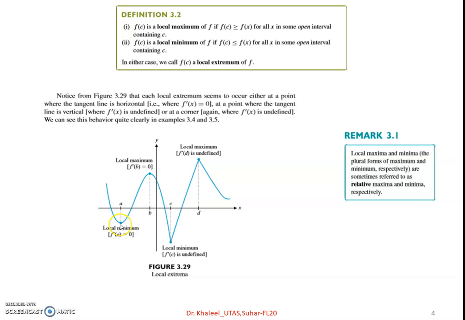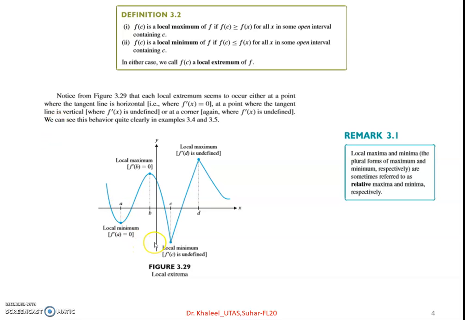You see, at this point you draw the tangent, it is horizontal. At this point you draw the tangent, it is horizontal. Whenever the tangent line is horizontal, f'(x) equals 0. So you see, f'(x) equals 0 here. Here also f'(x) is equal to 0.